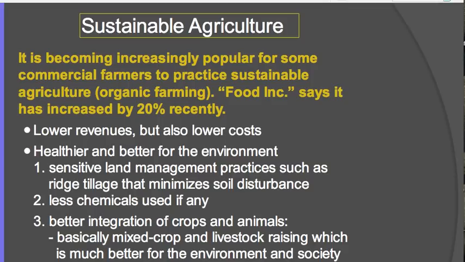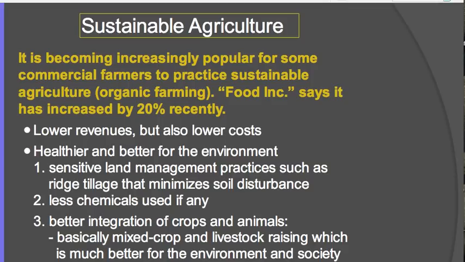You're not spending lots of money on machinery or fertilizers. It's a lot more labor intensive, so you might not get as much profit. There is some larger scale organic farming, but it's usually more small scale.